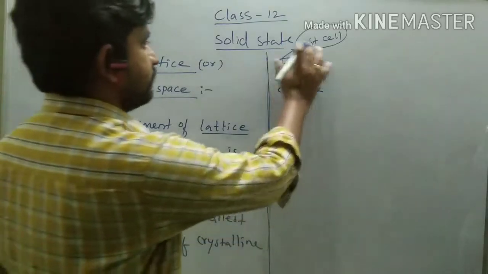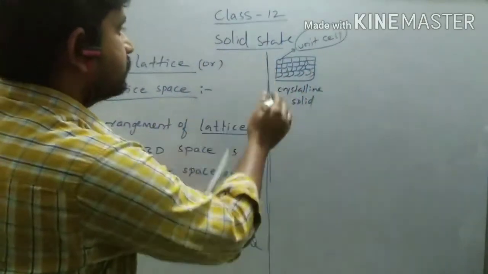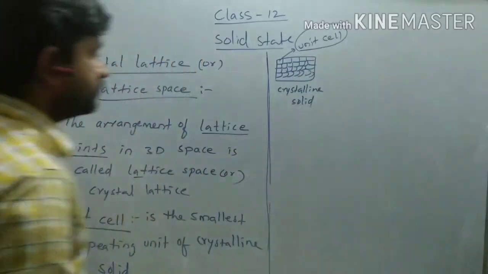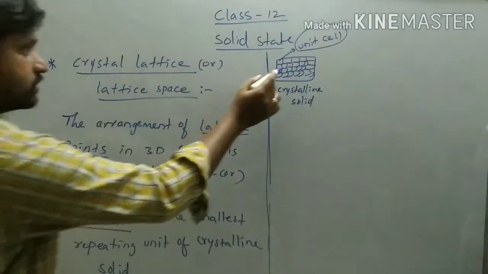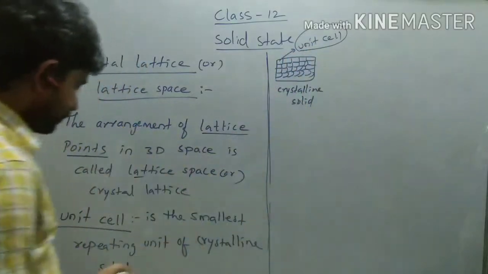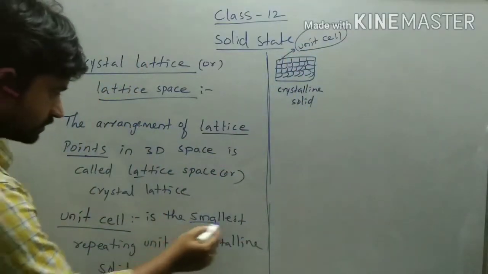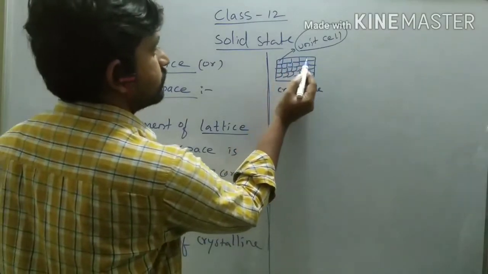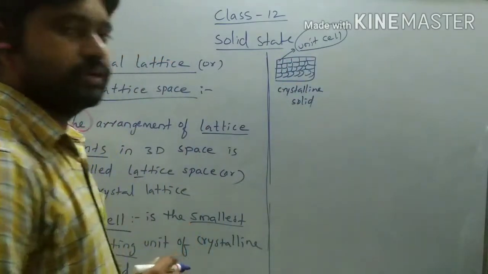This is one of the crystalline solids. In this crystalline solid, there are some small repeating portions. Such repeating portions you can call unit cell. Unit cell is the smallest repeating unit.